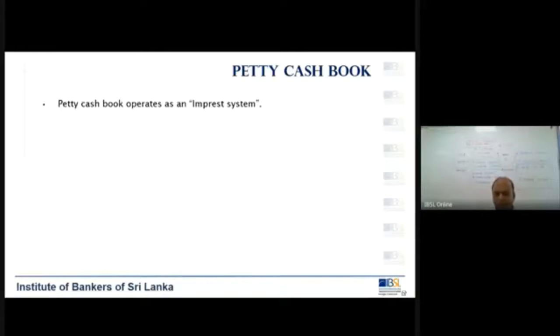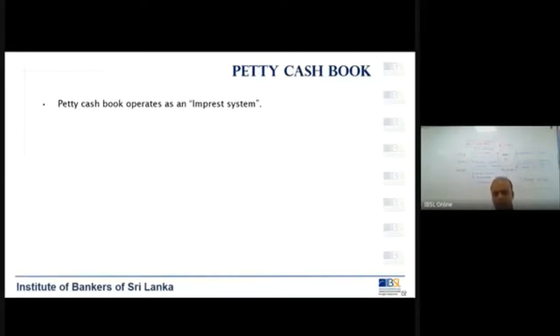So in such an instance, you need to have another cashier. Normally we call them the petty cashier. This person will maintain a small amount of cash which was obtained from the main cashier to pay for small expenses.